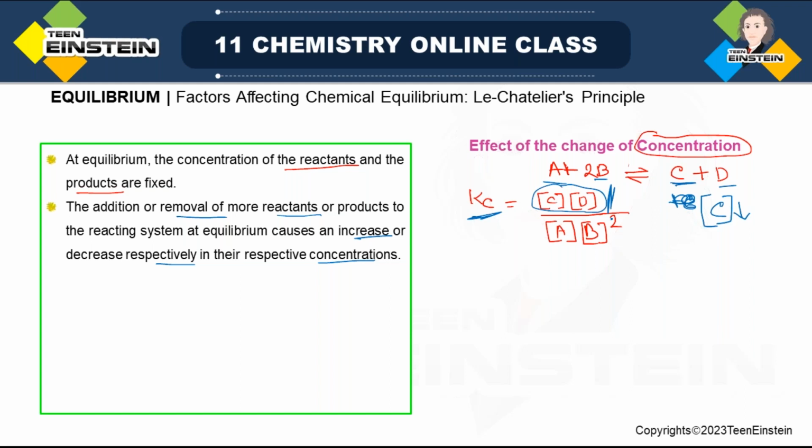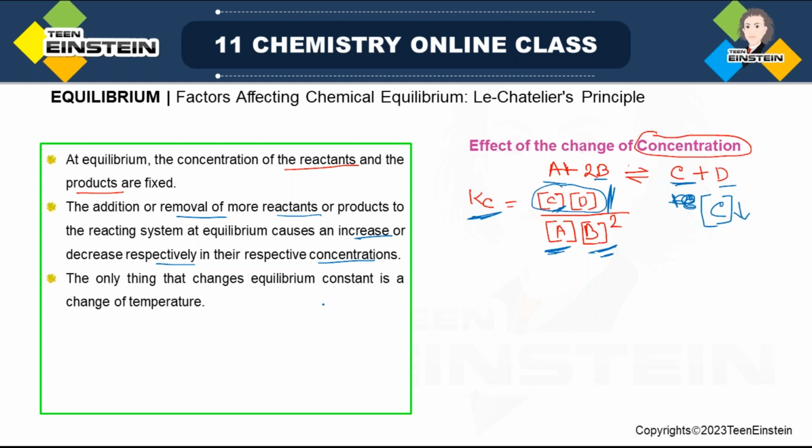Now to balance this, that is to keep the value of Kc same, more of A and B should be taking part in the reaction. So though we know the equilibrium is already reached, the amounts of A and B are both fixed, but as we have forcefully decreased the concentration of C, now more of A and B will be reacting with each other and it will produce more C, so that ultimately the value of Kc remains same.